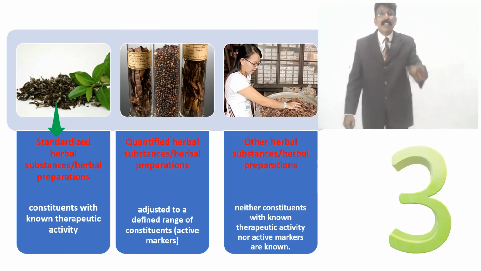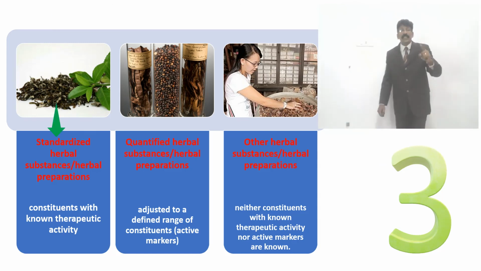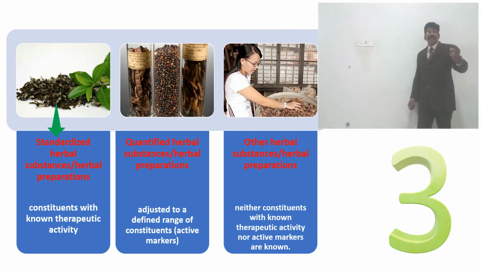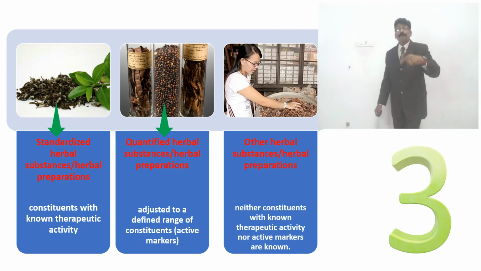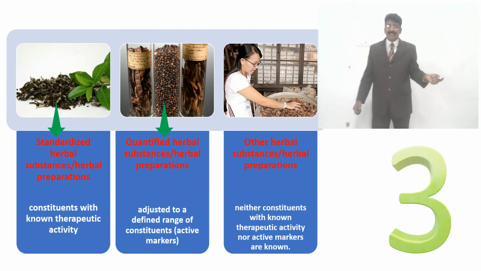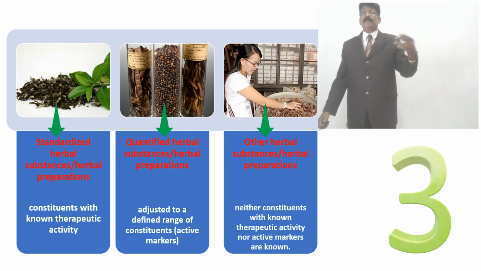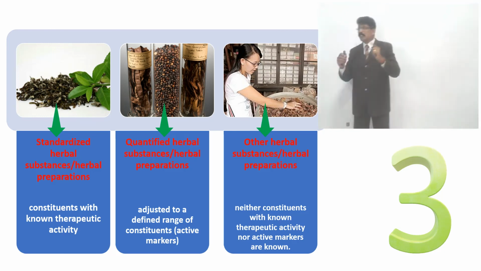First one, standardized herbal substances or herbal preparation. Second one is quantified herbal substances or herbal preparation. Third one is other herbal substances or herbal preparation. So it is easy for the students to remember.